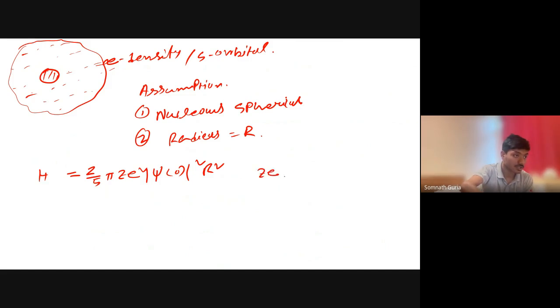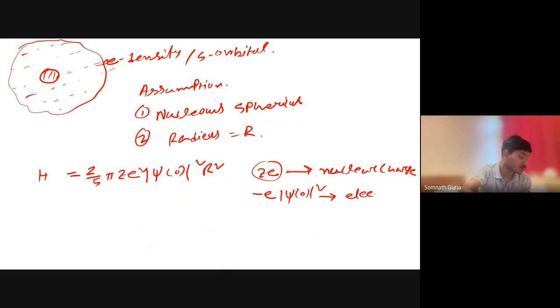This Ze can be called the nuclear charge, and mod of psi 0 square is called the electron charge density.